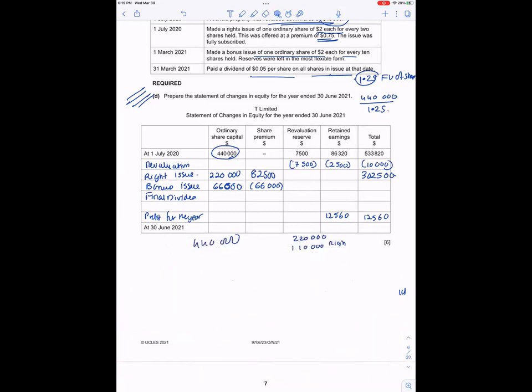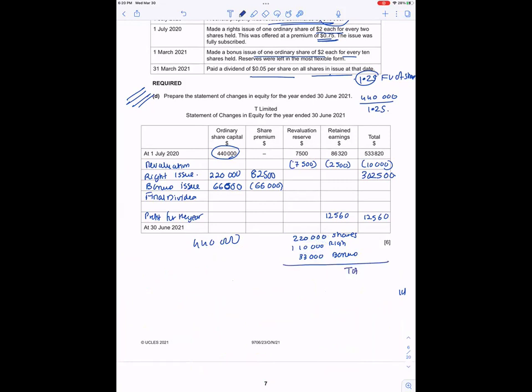Miss, for the bonus issue, how did you get 330,000 shares? Originally you had 220,000 shares, then you did a rights issue of 110,000. So for 330,000 shares, you give 33,000 shares as bonus.